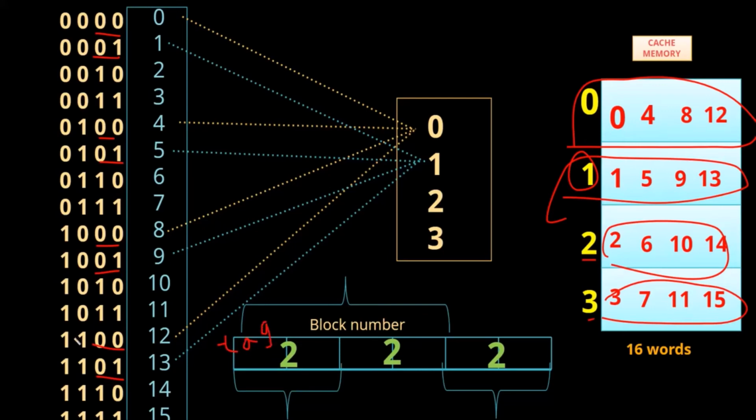And the last 2 bits of the block number, you can see, have the same ending. This 2 bit is used to represent the line number. So this is for block offset, this is for line number and these 2 bits are for tag.